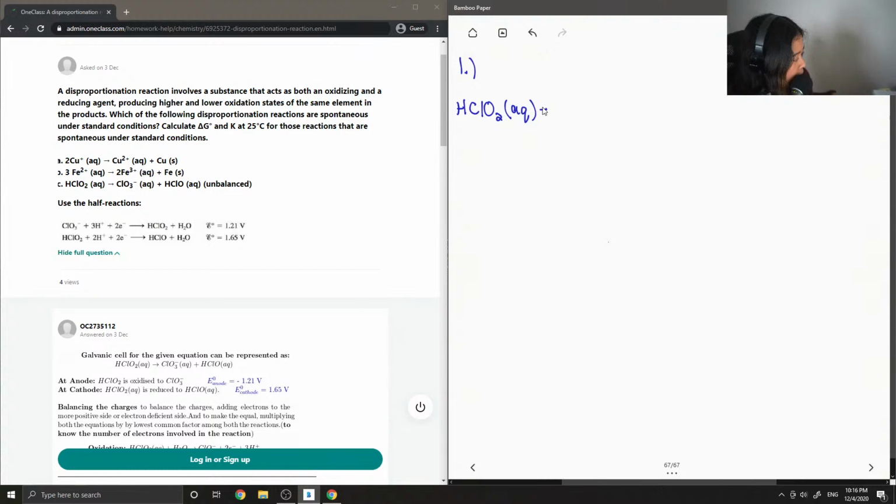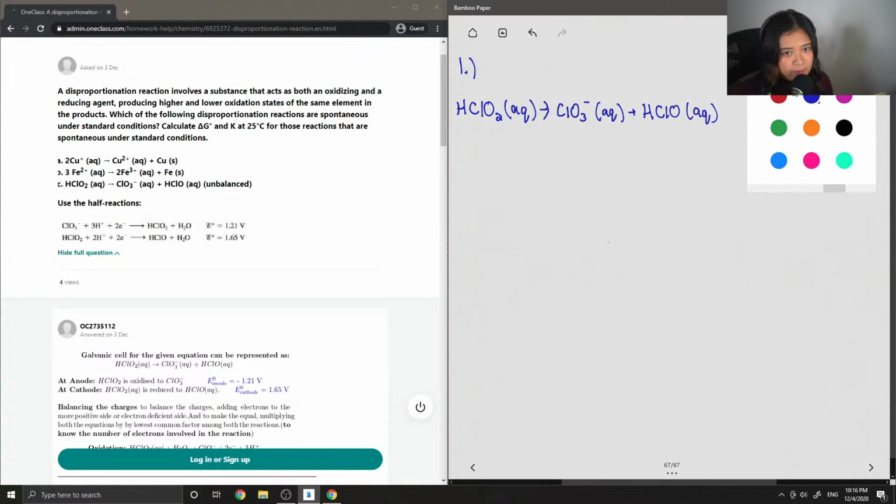So we start off with chlorous acid, and then this forms chlorate, which is ClO3 minus, plus hypochlorous acid. So this is HClO aqueous. Okay, so this is our unbalanced reaction.